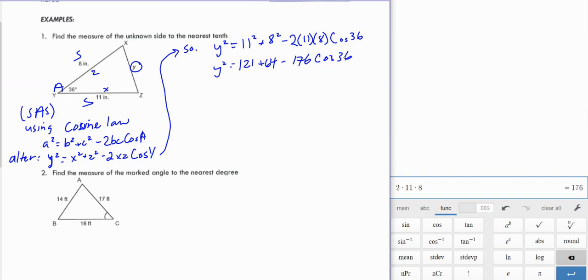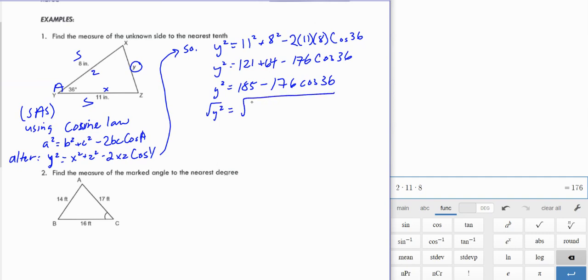And what I want to avoid is actually doing this part to get a decimal, because then I'm going to have to round the decimal. If I have to round the decimal, then I'm going to probably round it too early and I'm going to be less accurate. So what I want to do is do this all in one shot. I can go a little further. This will be 185 minus 176. This is probably the last step we're going to do before we square root it. So now I'm going to square root both sides.